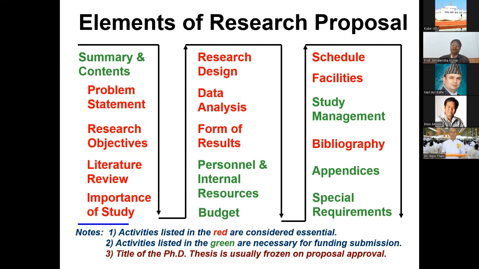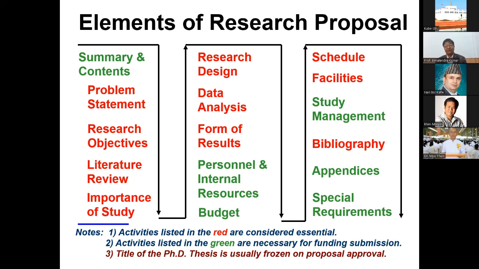Then, if available, you can give an appendix, which is not directly related with your research chapters but may be connected with your research topic, and then special requirements. These are the elements related with making a research proposal.